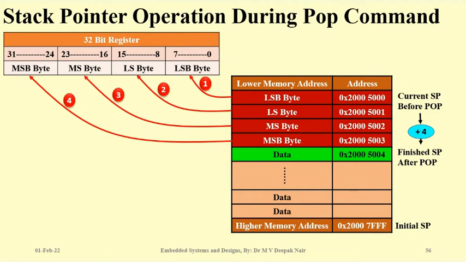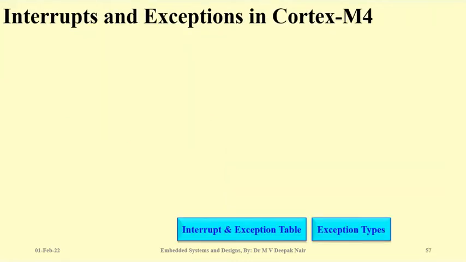If not, let us go to the next part: interrupts and exceptions in Cortex-M4. Whenever we talk about stack, it is mostly related to branching instructions, and one of the common branching instructions is related to interrupts.